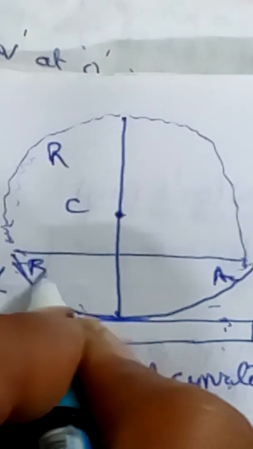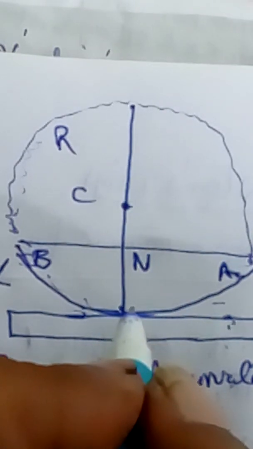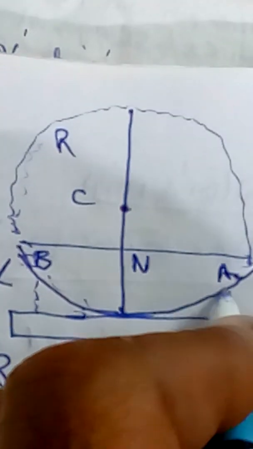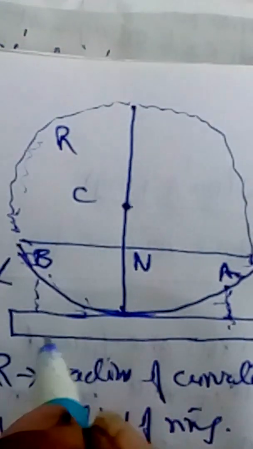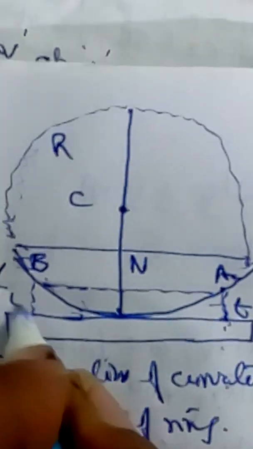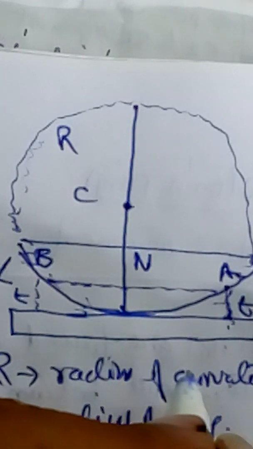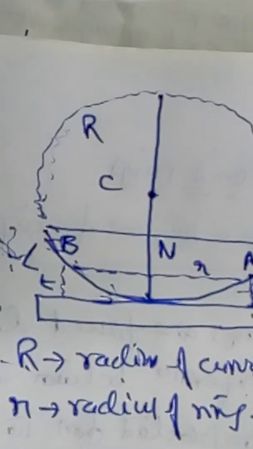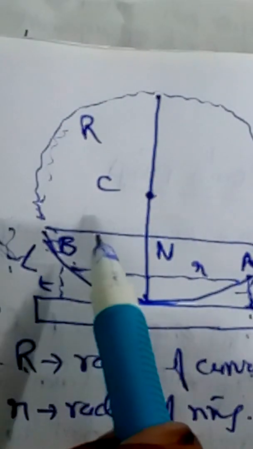Now let us call this point A, this point B, and this is the normal. Up to this point, let us call this area of thickness T. Up to that point the ring can form. Understood? I am again repeating.